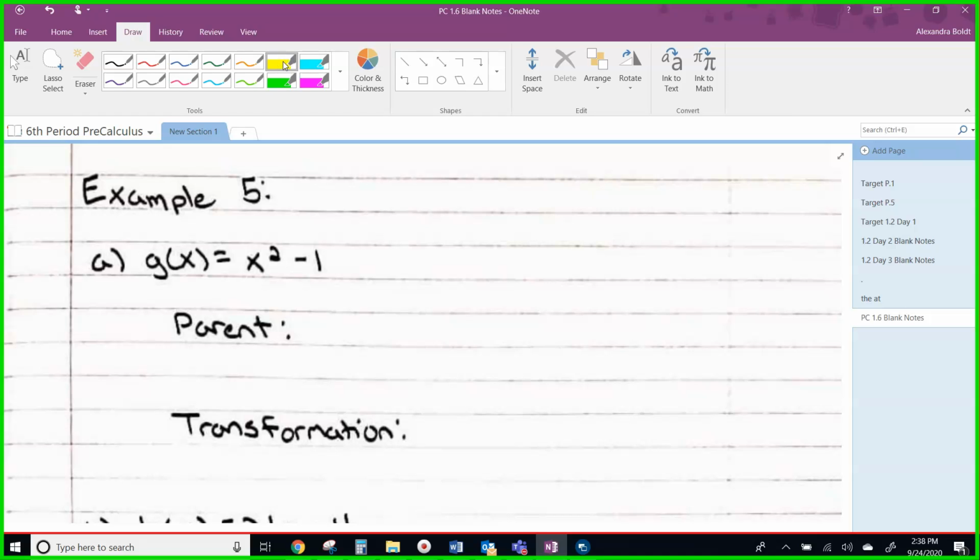The first thing I want to know is what is my parent function? It has that squared, so I know this is squaring. Or you could call it quadratic. That's fine too. I'm fine with either of those.